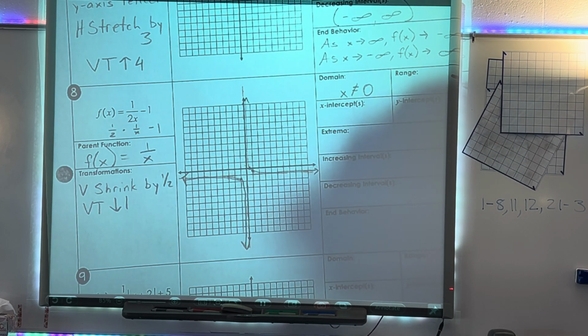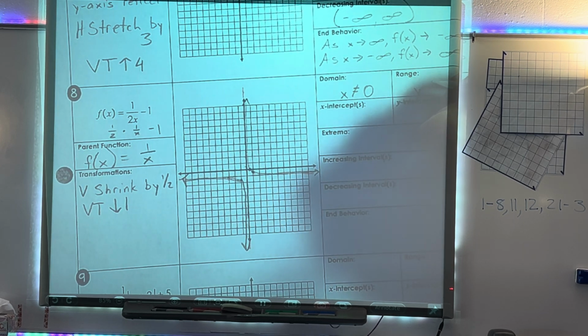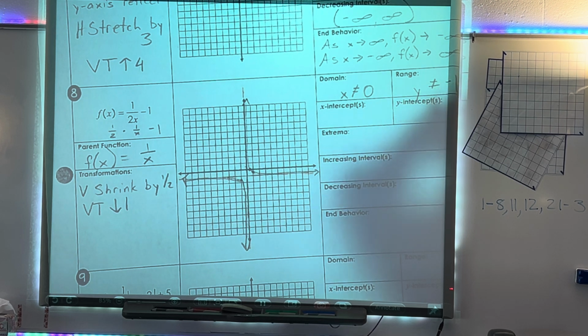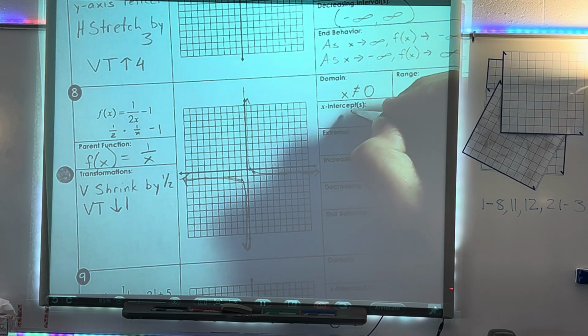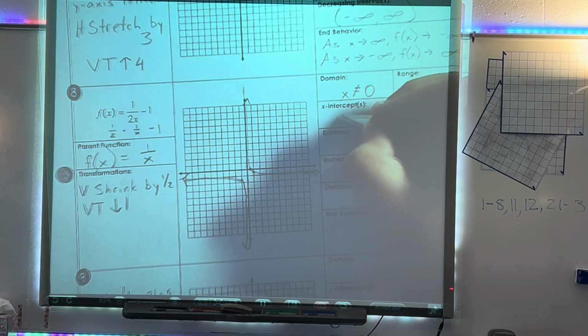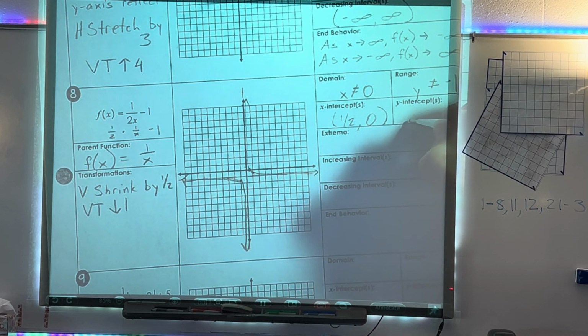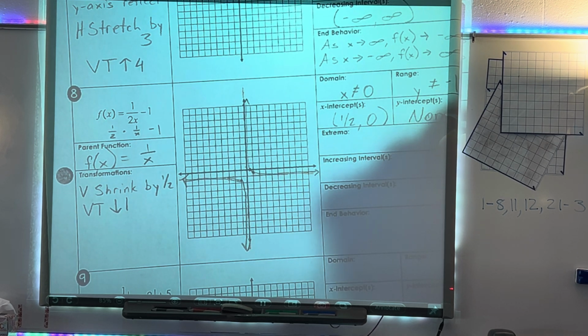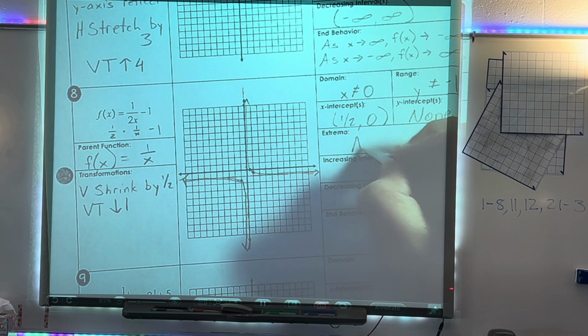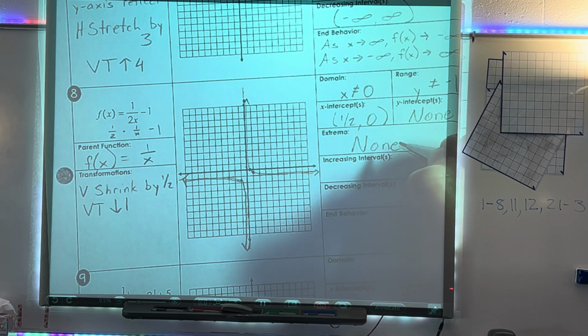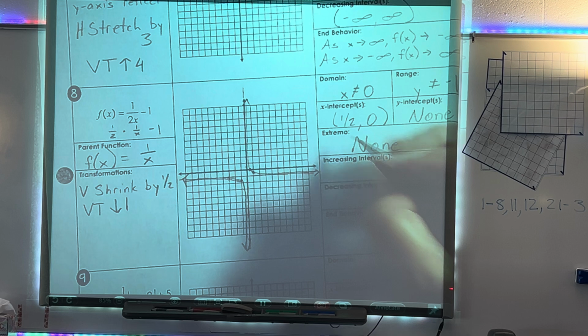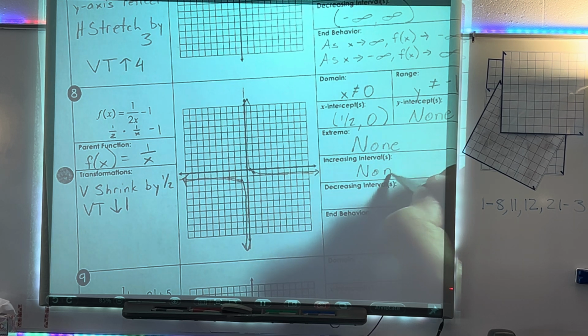Alright, so y cannot be -1, because that's where my asymptote is. X-intercept is at 1/2. Y-intercept doesn't exist. Extremas, there are none. This is decreasing only, so there's none here.